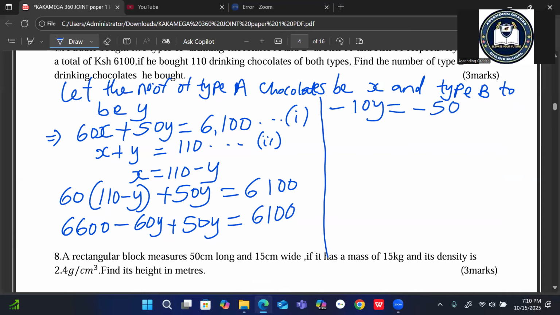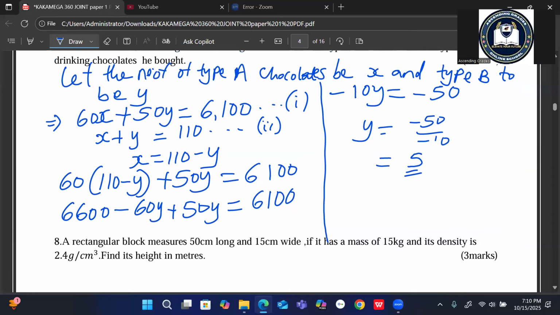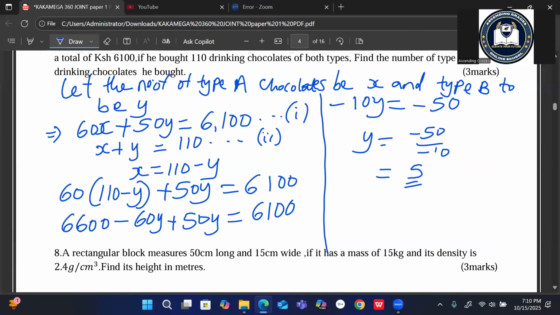So Y will be equal to negative 500 divided by negative 10, which is equal to 50.